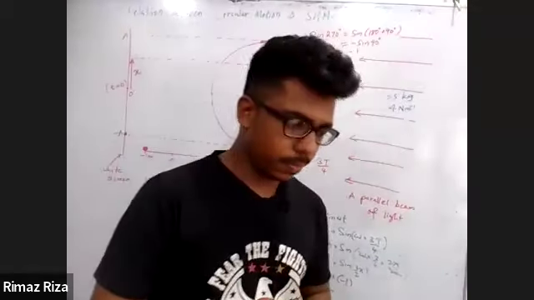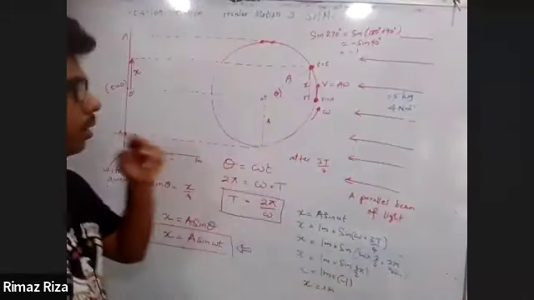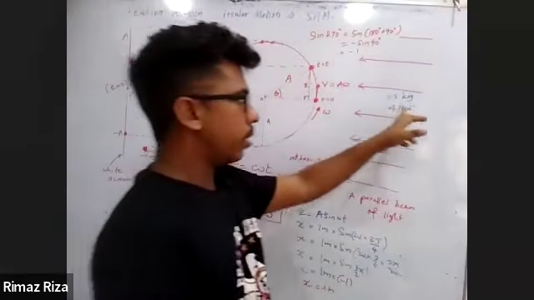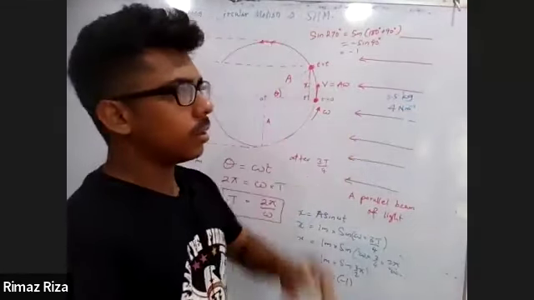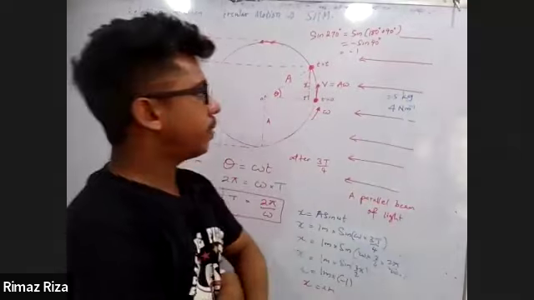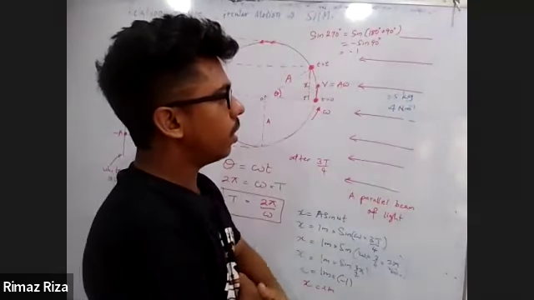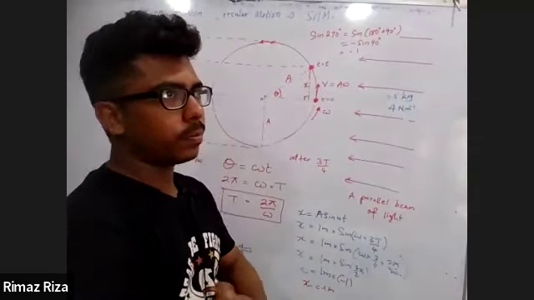First up, an object of mass 0.5 kilogram is attached to a spring with spring constant 4 Newton per meter and undergoes a simple harmonic motion.